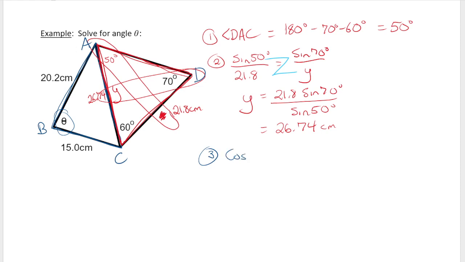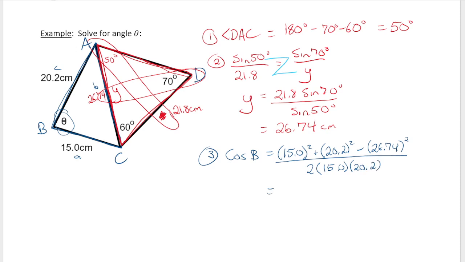All right, so that means the cosine of angle B is equal to, well, let's label our sides. It's going to be a squared. That's not how you write a 15. 15.0 squared plus 20.2 squared minus b squared, which is 26.74 squared, all divided by 2 times a, 15.0, times b, which is 20.2.